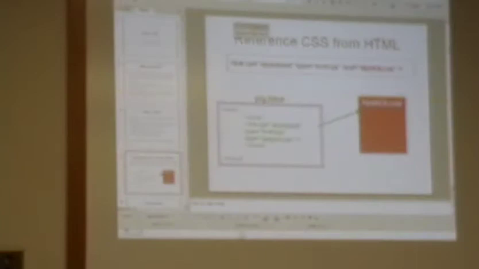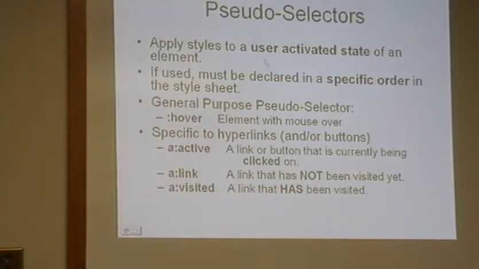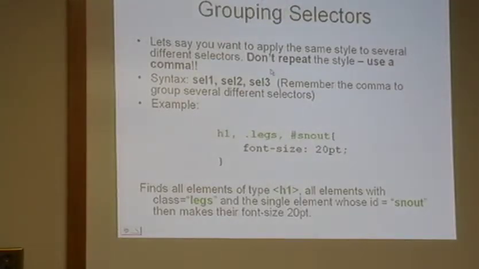Okay, so now they're red, and if I hover over them, they're blue now. Are there any questions on all 4 different kinds of selectors?